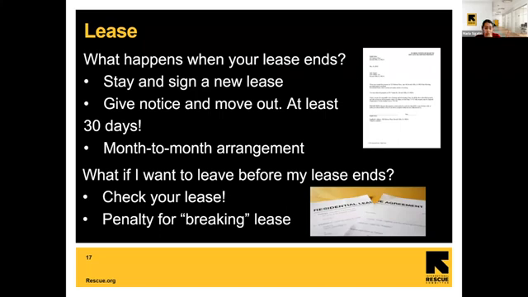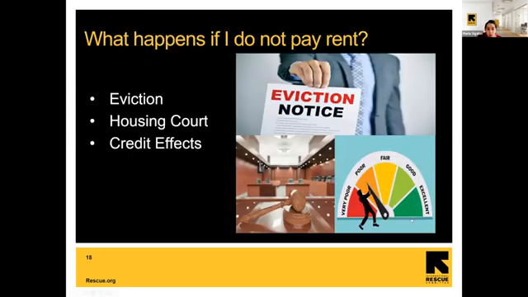The first thing you'd want to do is report it to the local housing authority, and then potentially see if they have housing attorneys and people that can give housing advice to see if breaking the lease is going to be possible in those situations.